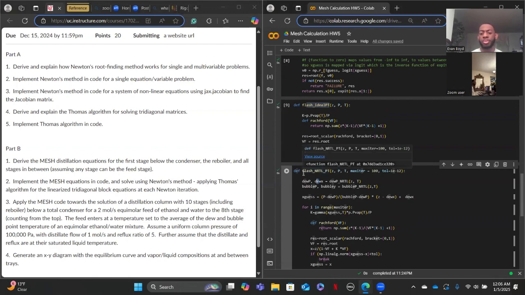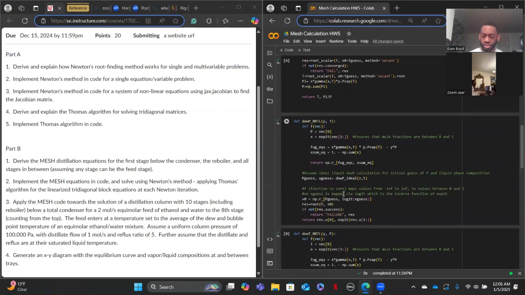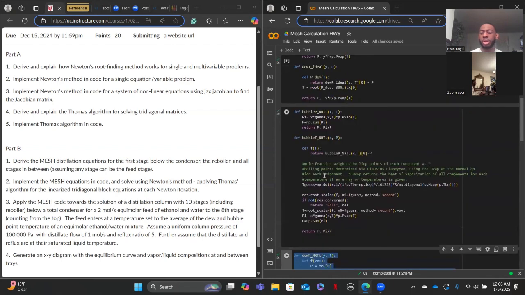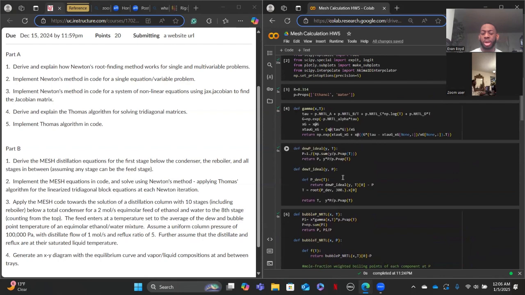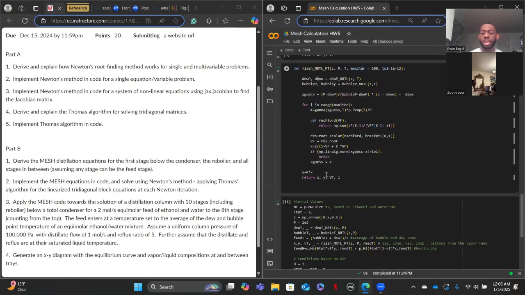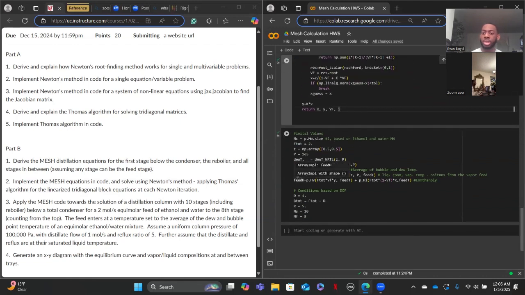We did it in class, but basically we'll be plugging in the information we gathered from our dew points and bubble points using NRTL, and the dew point from the ideality, into our flash to give us our X, Y, and our vapor feed compositions for our MESH calculations.